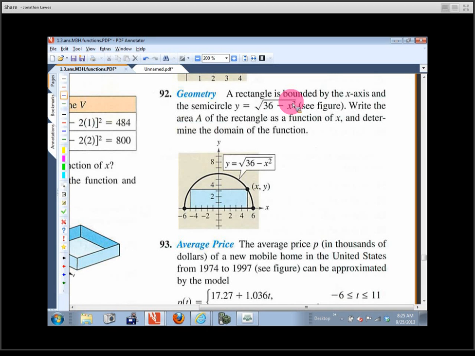Let's take a look at this. See this point right here? That point right there is xy. I realize it looks like it might be 5, 3.2 or something like that, but it's not. It's just xy. So I'm going to draw this rectangle over here. My question for you is, if this point right here is xy, can you tell me how tall the rectangle is?